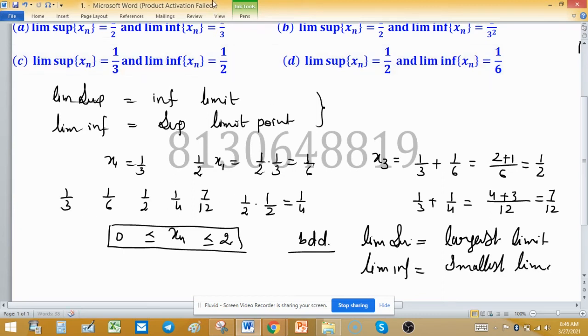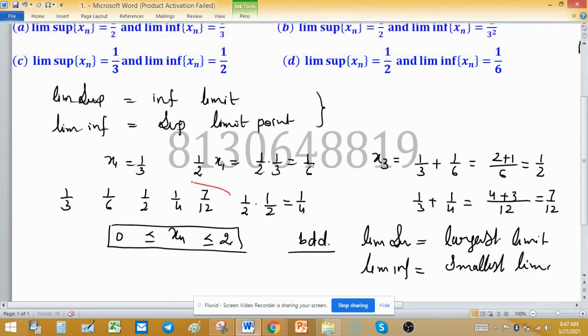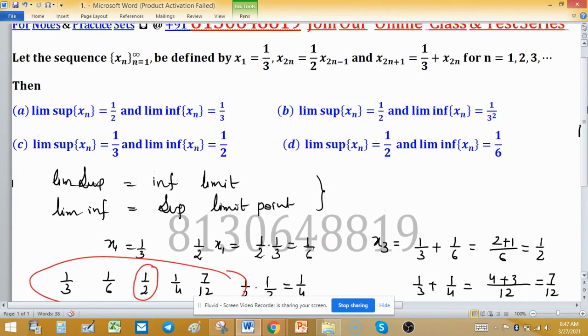So for these few terms, we can say that the largest point is half. So limit superior may be half. Remember, I used the term may, not confirm. So look at the options.